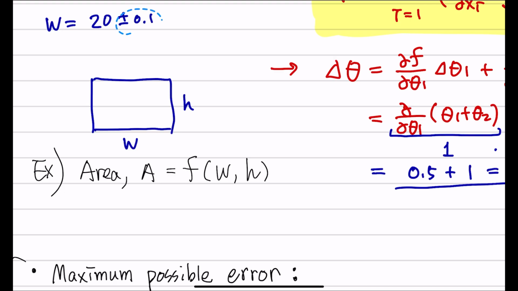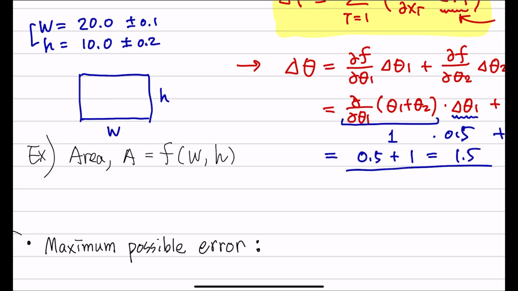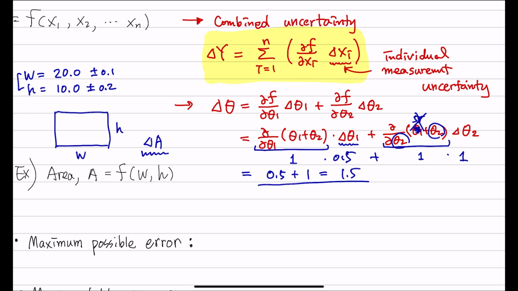Well, I need to be more specific, like correct, like that. And let's say H was 10.0 plus minus 0.2. If that's the case, we would like to find what is delta A, or the uncertainty of the area. Then what we do is we're just applying the same thing we just tried here.